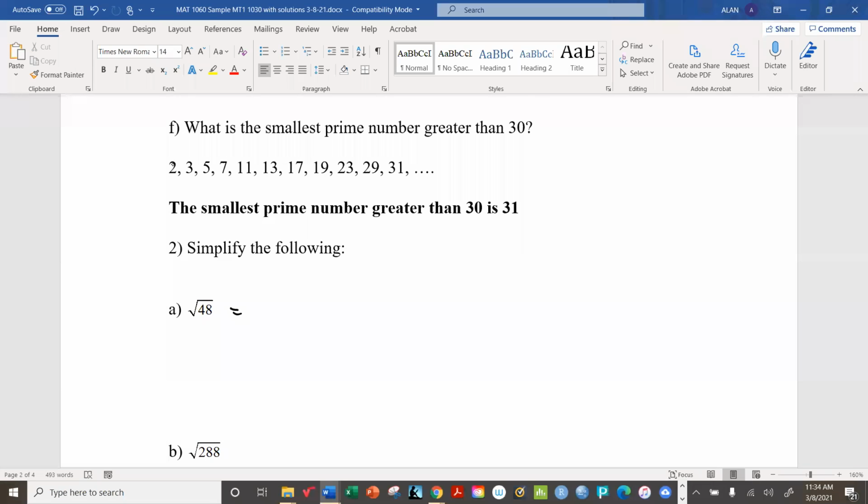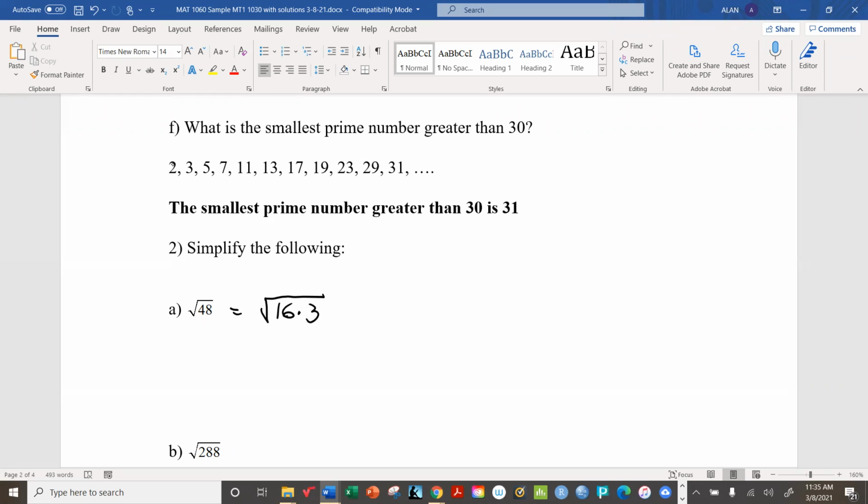Now, there's more than one way of doing it. Here, we've got 4 times 12, or we can have 16 times 3. Both of those would work, and they'd eventually give us the right answer. But usually, if you've got more than one perfect square in there, you're probably better off picking the largest one first. That will reduce the number of steps.